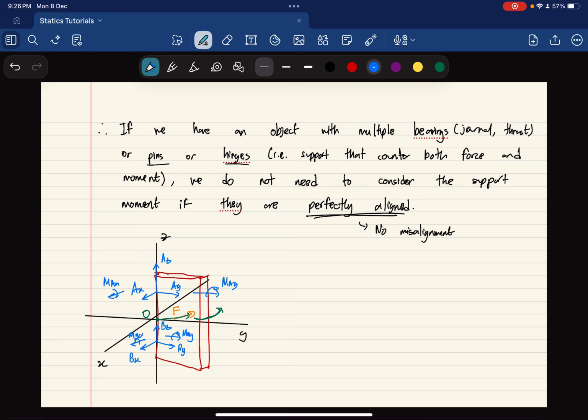That's the idea behind it. Actually, it will not rotate along MAX, MAY, MBX, and MBY, because it's perfectly aligned.